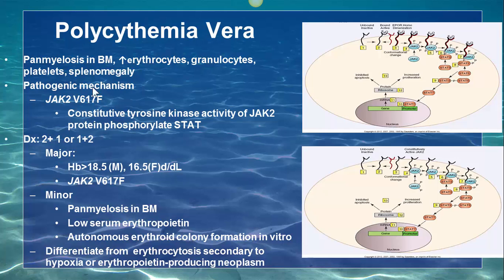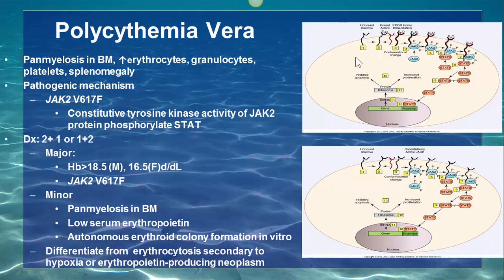Such a mutation makes the gene product, JAK2 protein, constantly active as a tyrosine kinase that phosphorylates STAT, an activator of transcription, as shown in the figure on the bottom right.